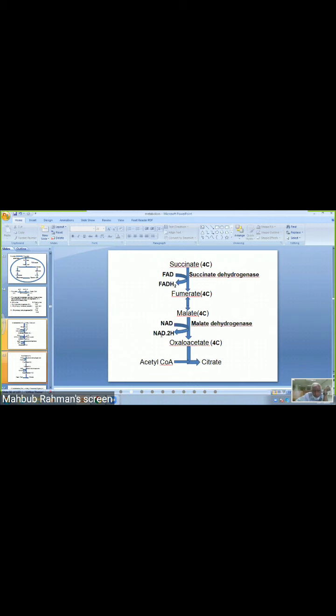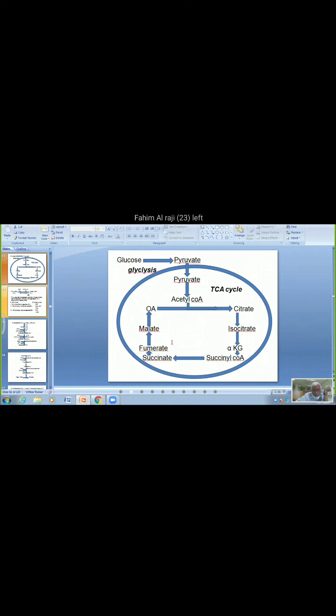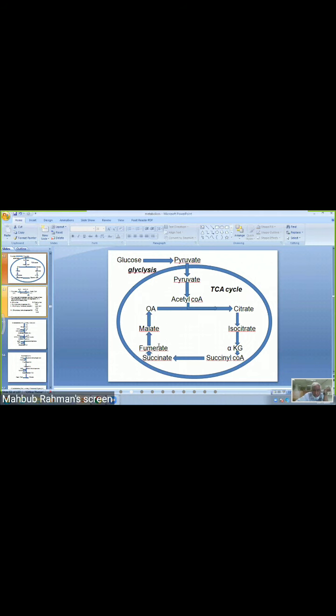Okay, oxaloacetate is then regenerated, and it again reacts with another molecule of acetyl CoA in the TCA cycle to produce citrate, and in this way the cycle is repeated. Oxaloacetate acts like an enzyme, not being wasted, and it condenses with new acetyl CoA to form citrate, for operating the TCA cycle and producing energy.